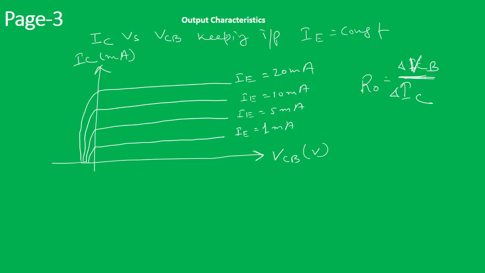As a result, the output resistance of the transistor is high, in terms of hundreds of kilo ohms or even more.